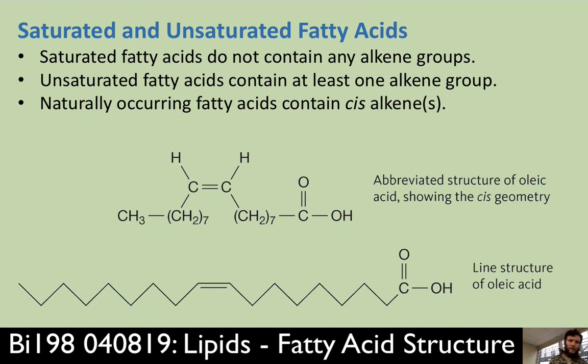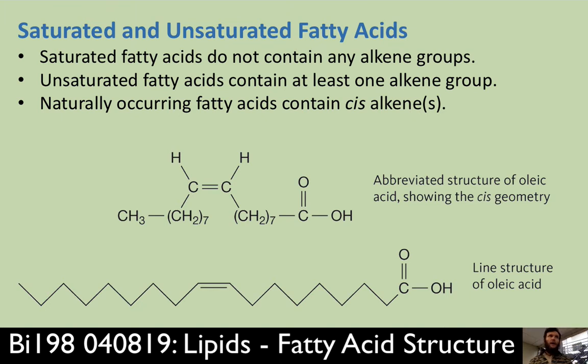So saturated and unsaturated fatty acids are found in nature naturally, and all of the unsaturated fatty acids that you find in nature are going to be called cis fatty acids, and I'll show you what that means in a moment. When you're drawing the line structure of them, you just put a double bond in there, like so.